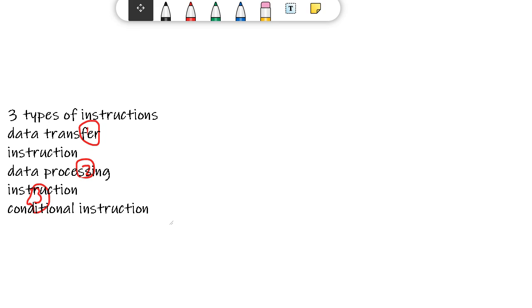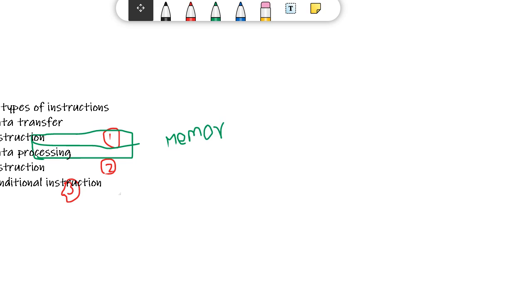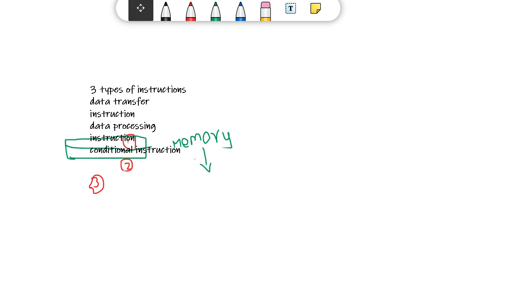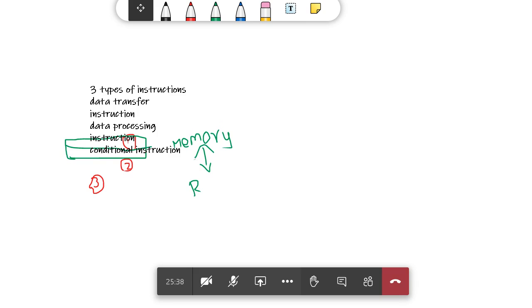First we are going to discuss the data transfer instruction, which as the name implies is used to transfer the data from memory to register or register to memory.